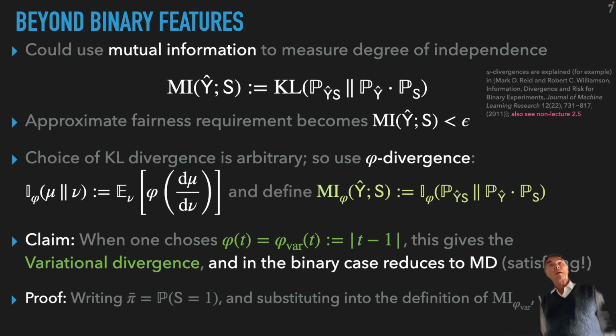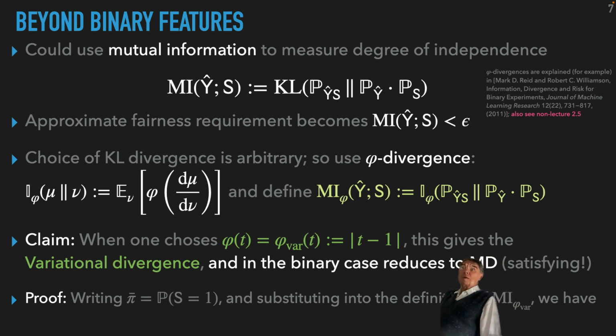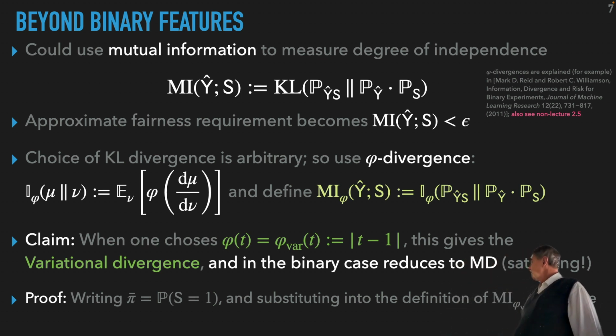Here's the satisfying thing. Remember, originally I started off with DP and EO, then I said I want an approximate version of them, so we have this thing called MD, and then I said it looks like it's just a measure of independence. Now I claim that if I use this as a way of measuring the independence between those random variables, then I actually get exactly MD.